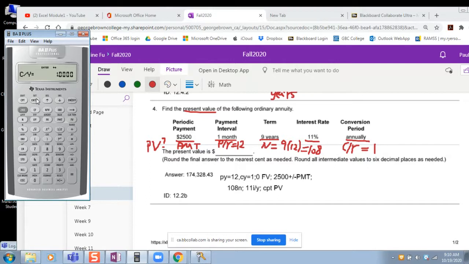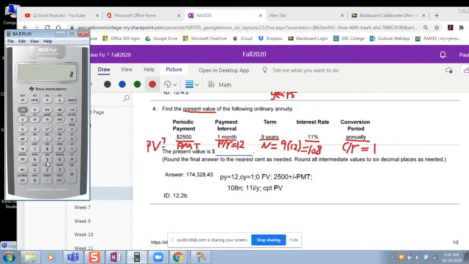CY equals 1, that's fine. Oops, that is wrong. Second, P/Y again. Okay, I just set up PY equal to 12, CY equal to 1.